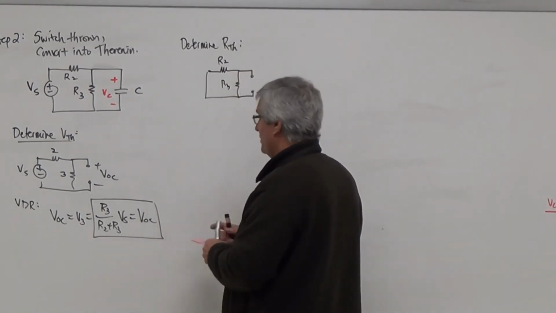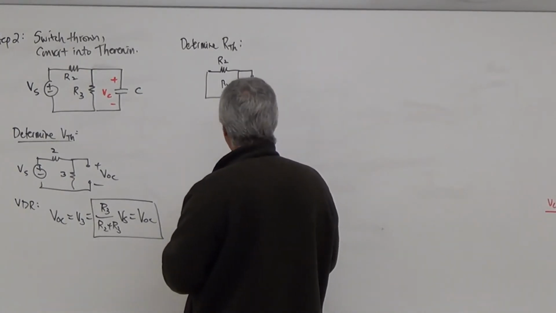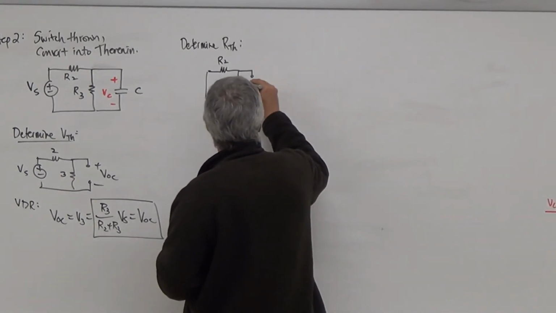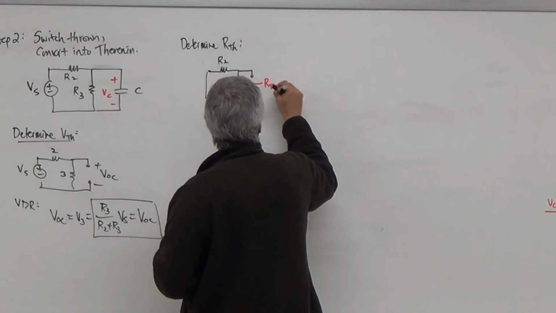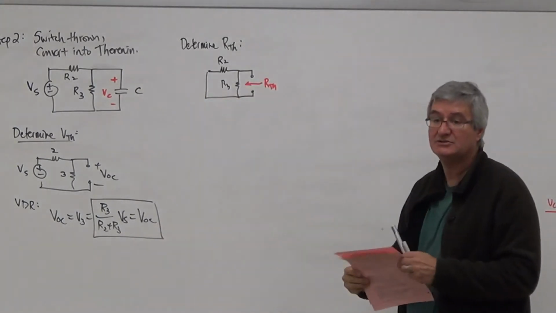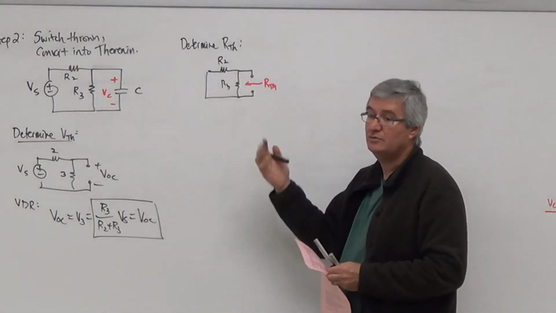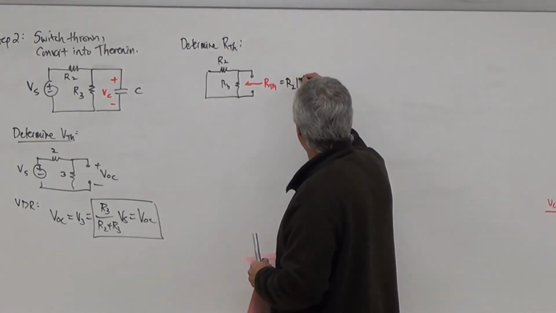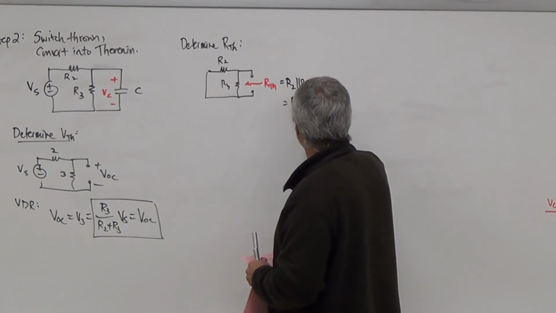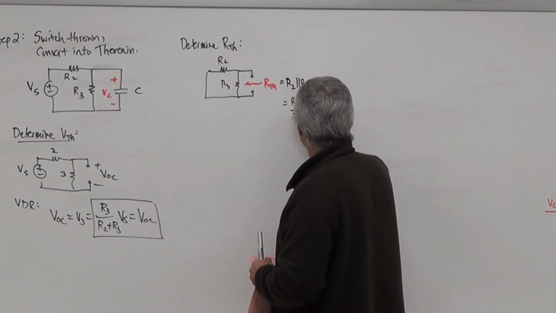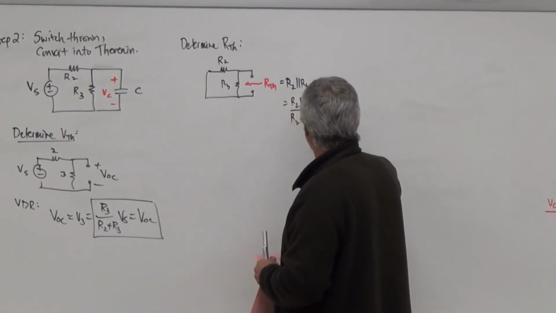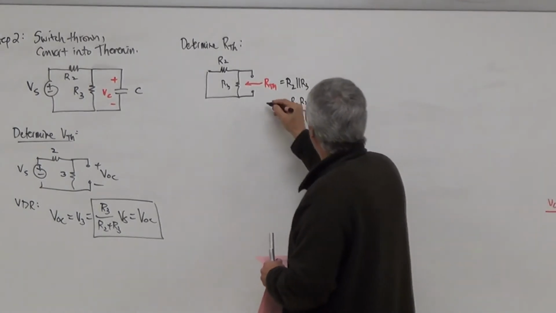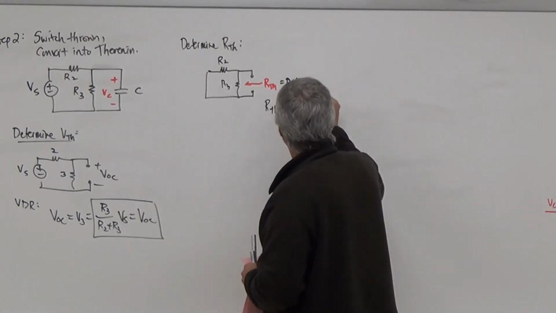And now I'm going to look for RTH right in through here. And you can see that RTH just says that what? 2 and 3 are parallel. So this would be R2 parallel R3, which gives me something like this. So now I have RTH.